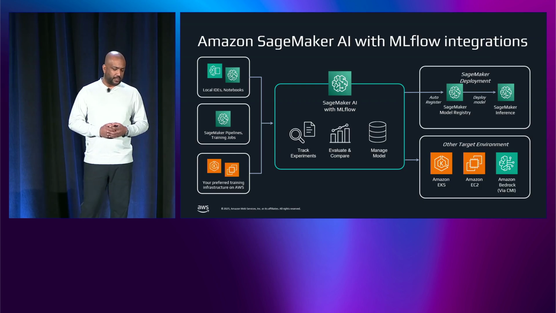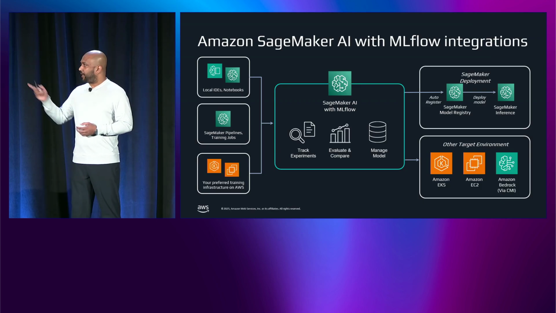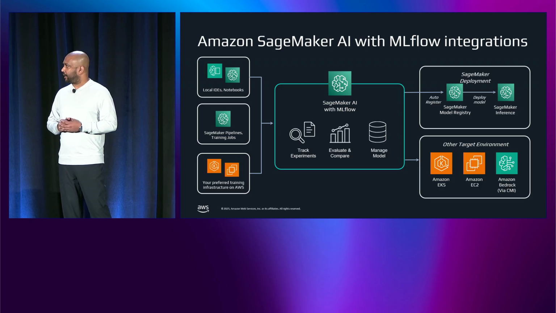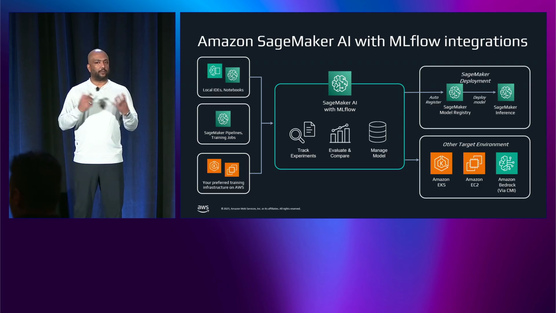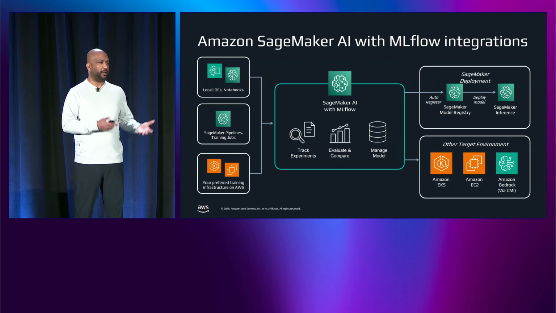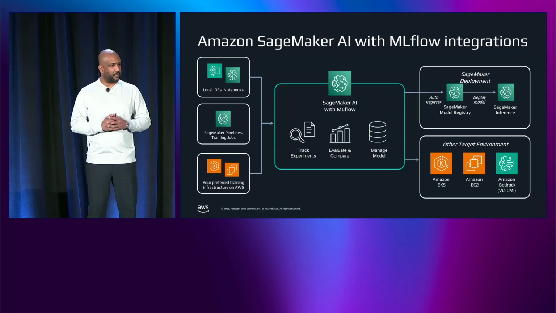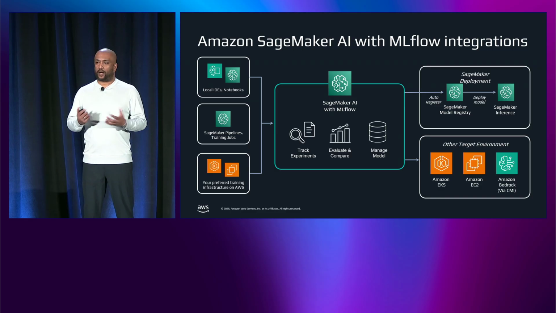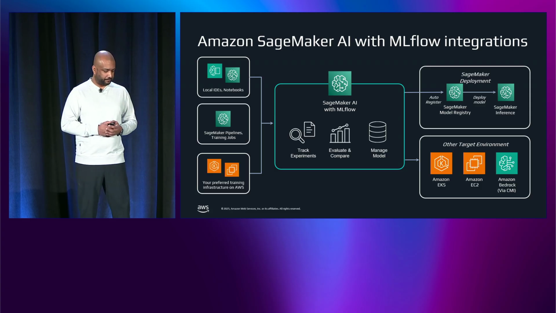So just to put it in context and see where MLflow fits in, you can see right in the middle, we have SageMaker AI with MLflow. On the left, you're able to bring in your local IDEs and your notebooks, whether it be within Studio or outside of it. We have native integration now into SageMaker Pipelines, as well as the model customization capability that was also recently announced this week.